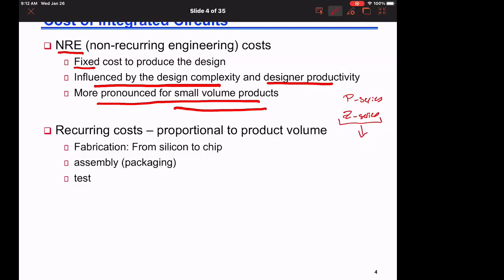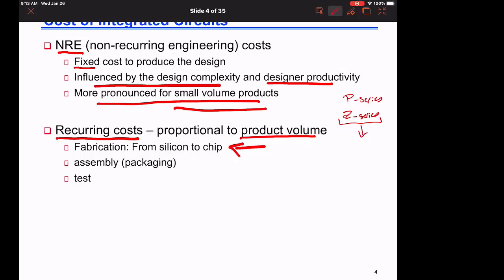Whereas if we are producing millions and millions of chips, then the design cost will be amortized across all of these chips. The recurring cost, as we discussed, is proportional to the product volume, how much I'm going to fabricate. It is how much cost I need to fabricate the chip from silicon to realize it to a chip, meaning from the sand to silicon to chip.